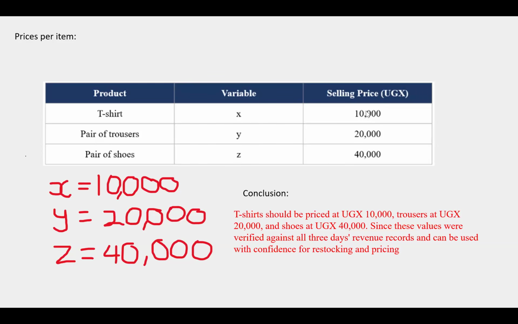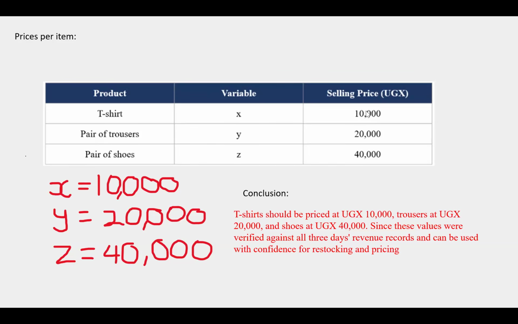So here our conclusion reads: t-shirts should be priced at UGX 10,000, trousers at Uganda shillings 20,000, and a pair of shoes at 40,000 Uganda shillings, since these values were verified against all the 3 days' revenue records and can be used with confidence for restocking and pricing.